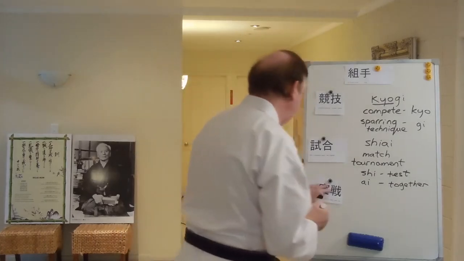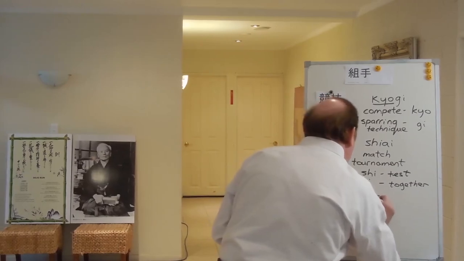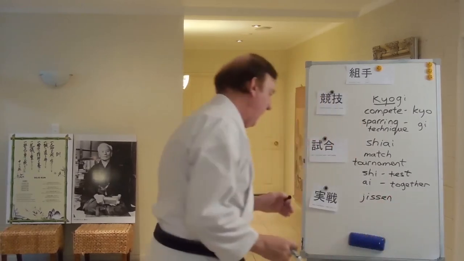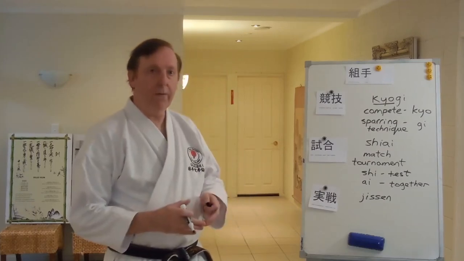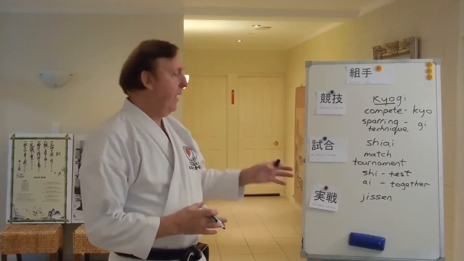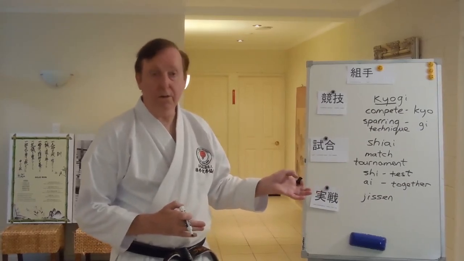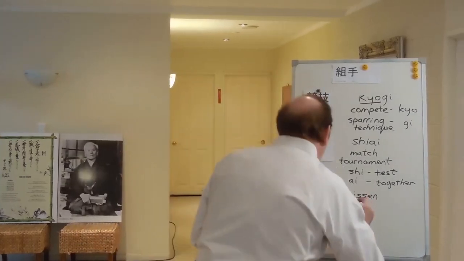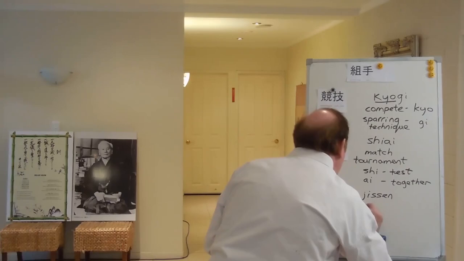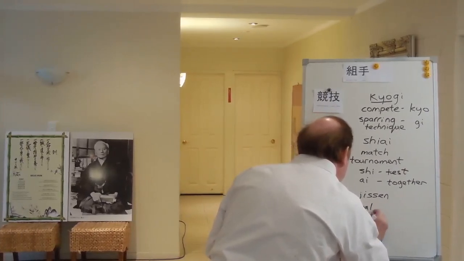And the last one, which I already mentioned before, but I'll just put that in for completeness here, was jisen. And we already talked about jisen before. This is real life fighting, and how you can apply your karate out in the street if need be. So I've explained that one before already, but ji means real or true, truth.